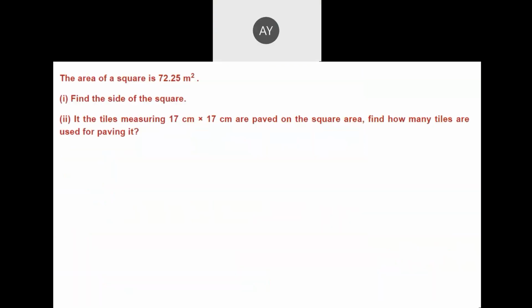Now moving on. Here is a question. Question here is, they have given area. We need to find each of the sides, and also there is a sub question. If tiles measuring 17 centimeter into 17 centimeter are paved on a square area, find how many tiles are used for paving it.